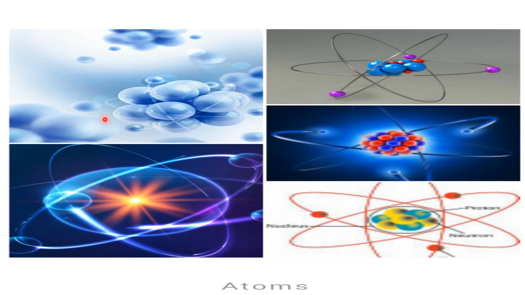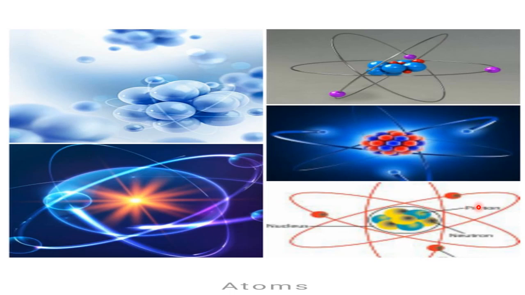Here atoms are drawn. This is a figurative diagram of an atom. This is also a figurative Niels Bohr model of an atom. This is also a Bohr model. This is also a diagram in which the central part of the atom is the nucleus.